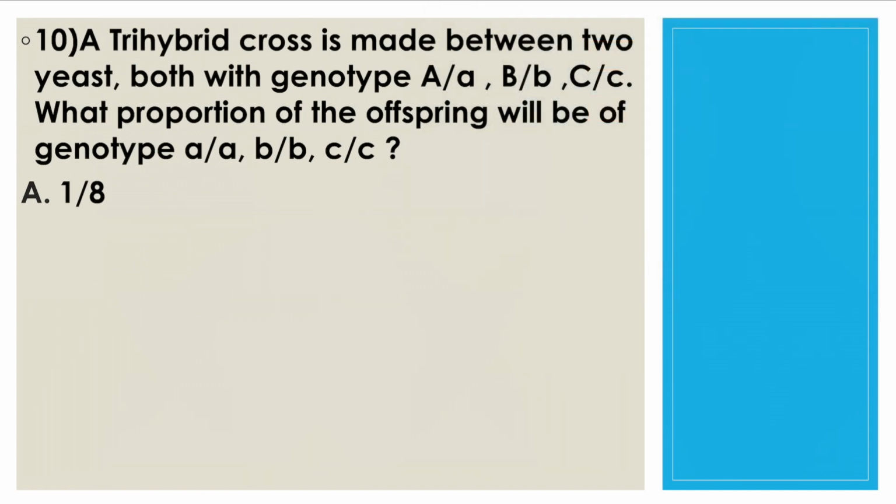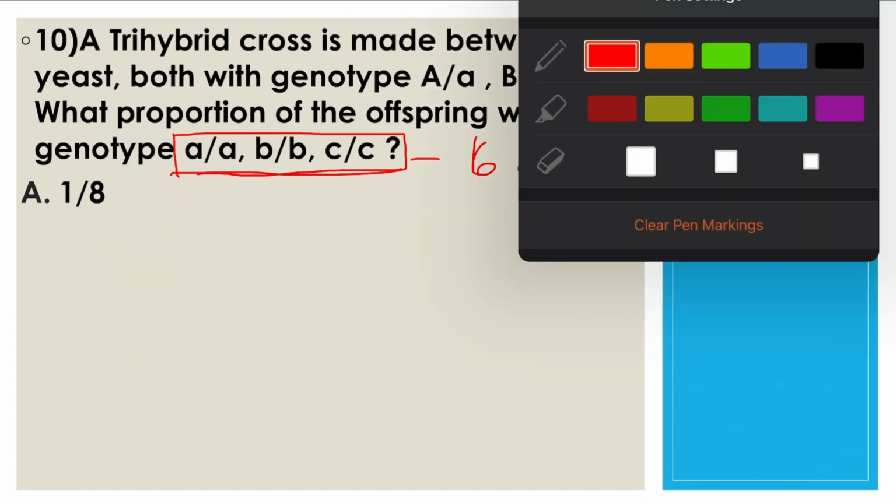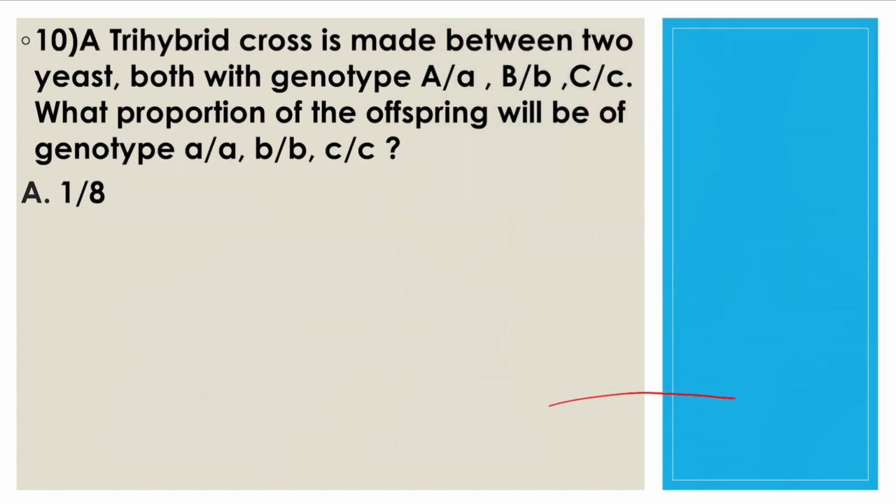Here they are showing only one kind of genotype, that is recessive, and you know that in a dihybrid cross or trihybrid cross or any cross, the recessive individual is only one, in dihybrid also, in trihybrid also. And in a trihybrid cross the total offspring were 64. So the answer should be 1 upon 64. The answer should be C.